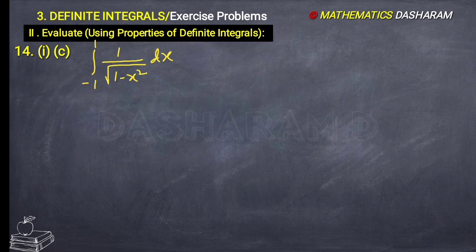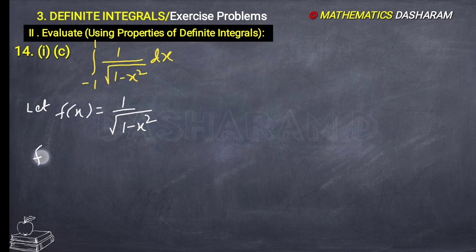Integration from minus 1 to 1 of 1 by under root 1 minus x square dx. So it is looking like integration from minus a to a, that means property number 7. But before using that property, let us verify whether it is an even or odd function. So first I am going to select f of x equals 1 by under root 1 minus x square.